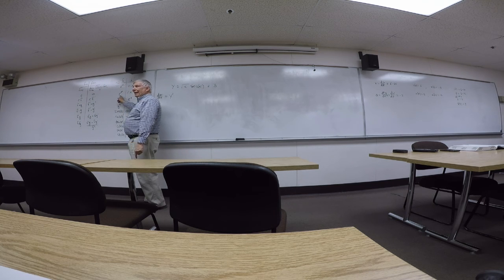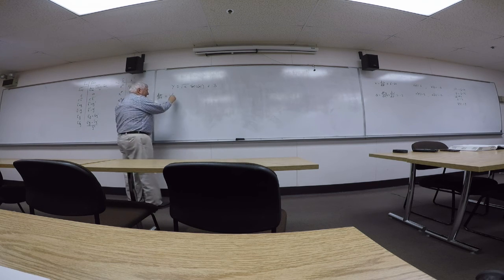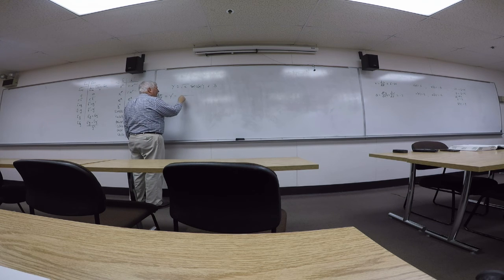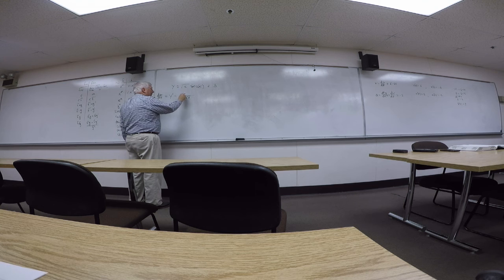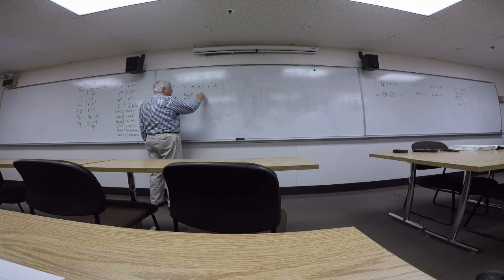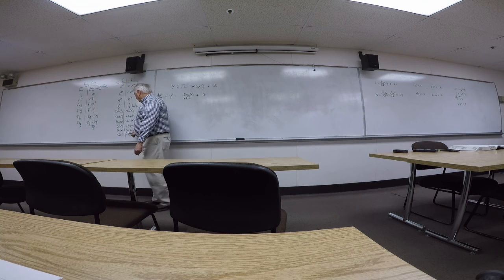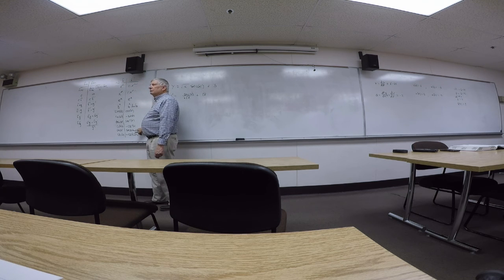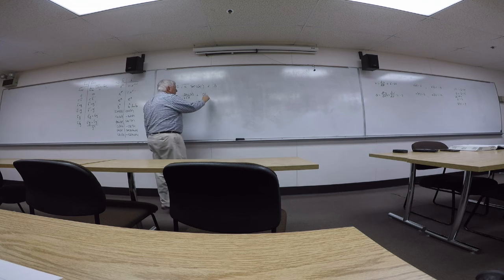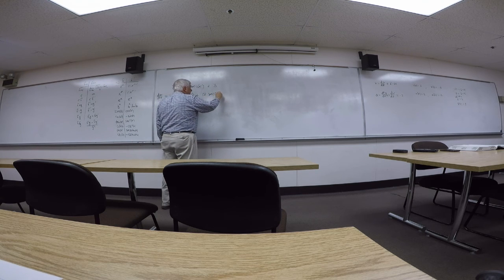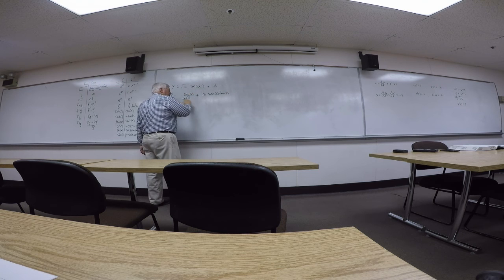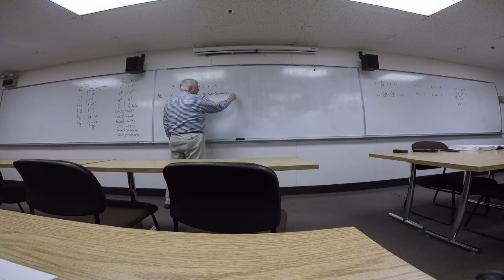This rule says x to the 1/2 becomes 1/2 of x to the minus 1/2, which could be written as 1 over 2 square root x, times the second factor plus first factor times derivative of the second factor. What's the derivative of secant? Secant x tangent x. So that took care of the product portion. And now the derivative of 3 is nada.